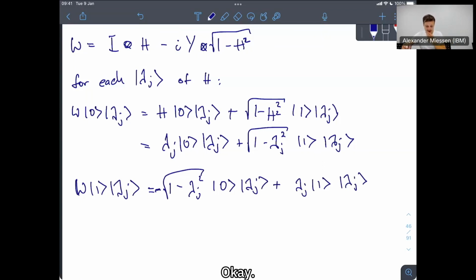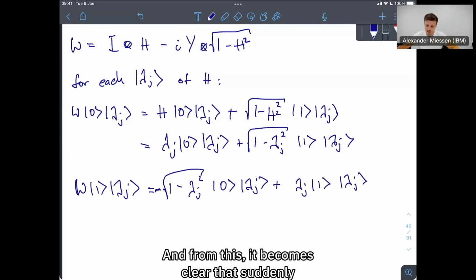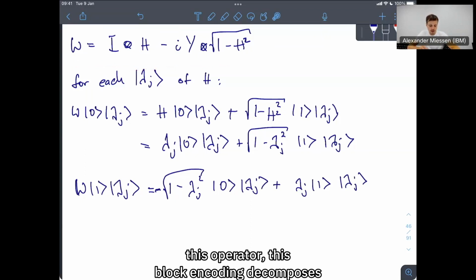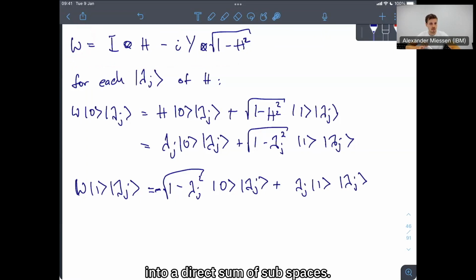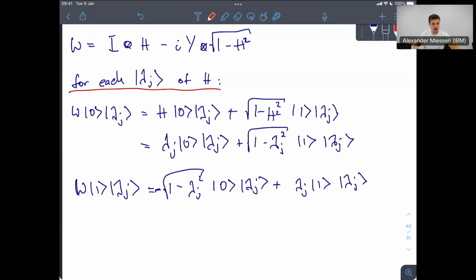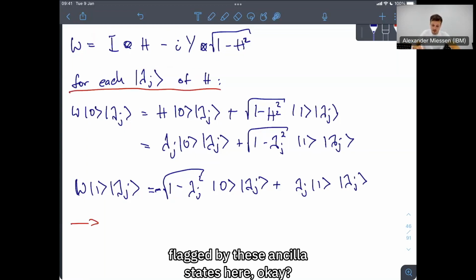Okay. And from this, it becomes clear that if I have this special kind of block encoding, this operator, this block encoding, decomposes into a direct sum of subspaces. Since you see here that for each of these lambda j's, we now have a corresponding block sphere flagged by these ancilla states here, okay?